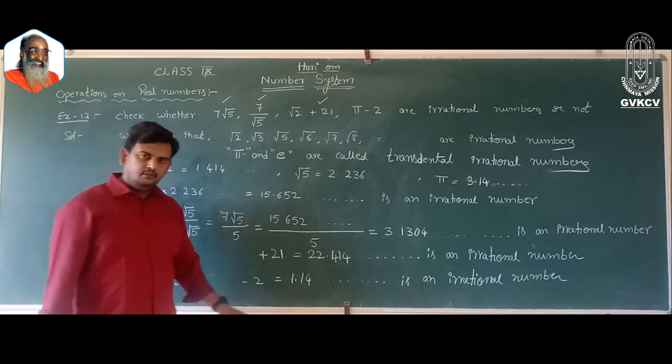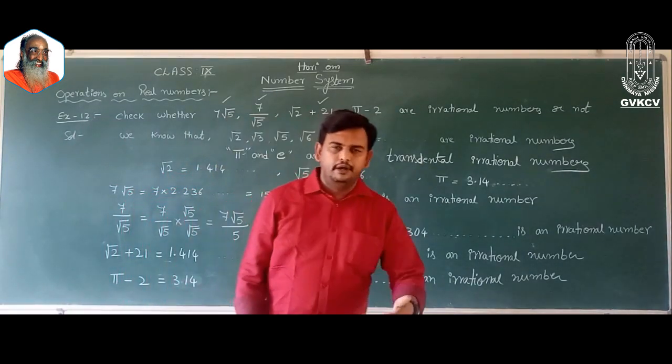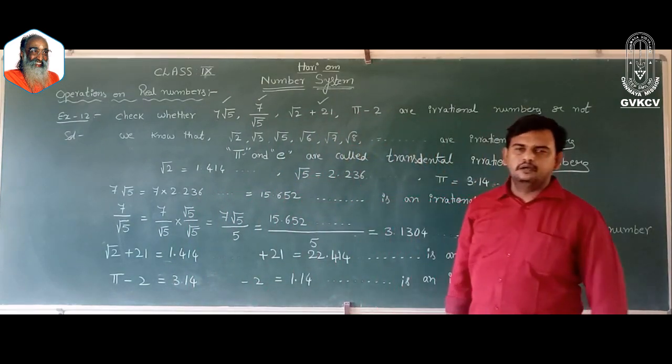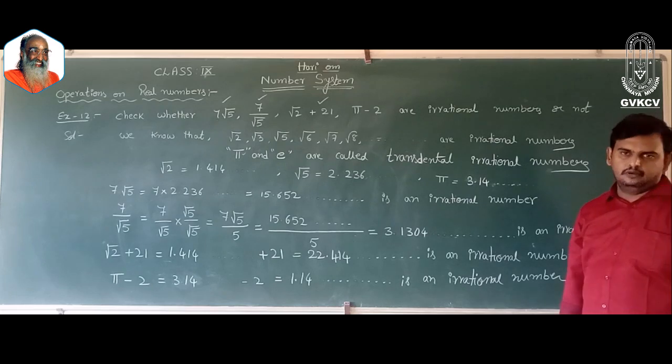While subtracting, we have 1.14 and so on. It is also a non-terminating, non-recurring decimal. Finally, we can call it an irrational number.